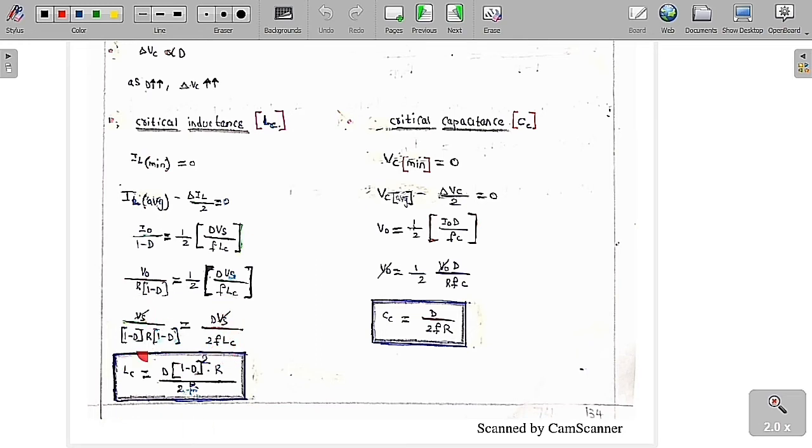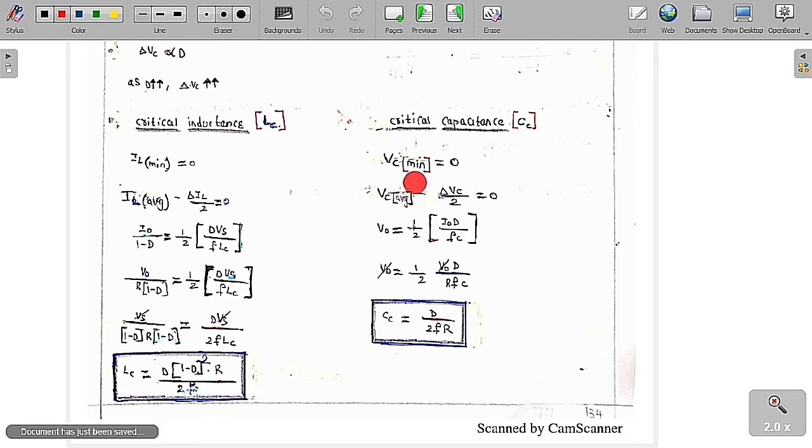So Vs cancels, and finally the value of the critical inductance is D into 1 minus D whole square into R by 2f. This is the value of the critical inductance you are going to get: D into 1 minus D whole square into R by 2f.